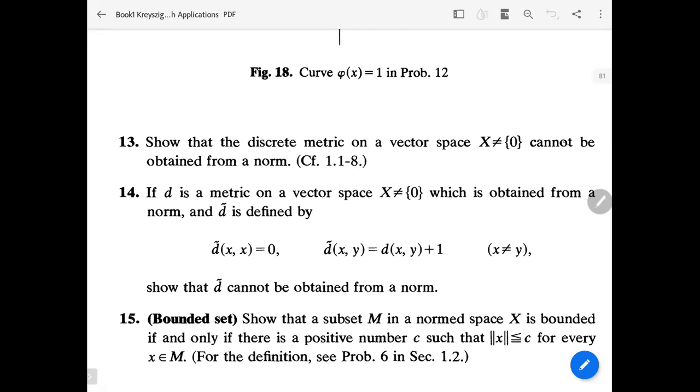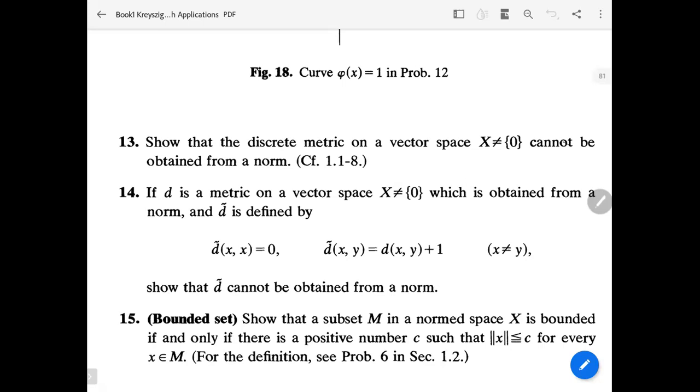So question number 14 was the question we were talking about before. So, metric induced by norm. d tilde is another metric which is defined with the help of the metric d. Show that d tilde cannot be obtained from a norm.